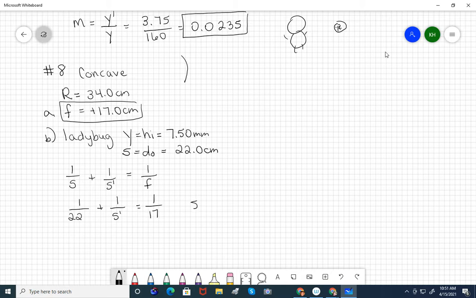So I'm just solving this for S prime: 1 over 17 minus 1 over 22. Take the inverse, or the reciprocal, and I get that the image is at 74.8 centimeters.